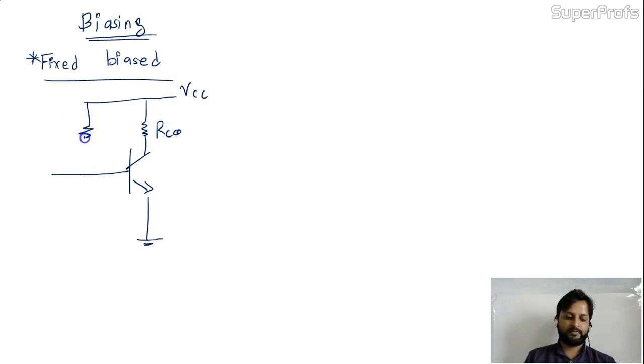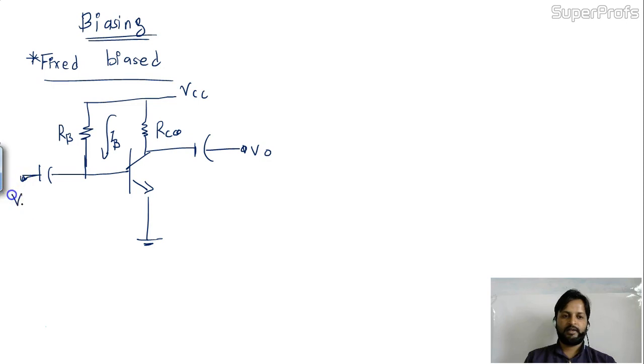From VCC to the base I have RB, in which IB will flow. With a capacitor I'll take V0 at the output. At the input stage also we have a capacitor, and here I'll apply V in AC. So this is the fixed bias circuit.